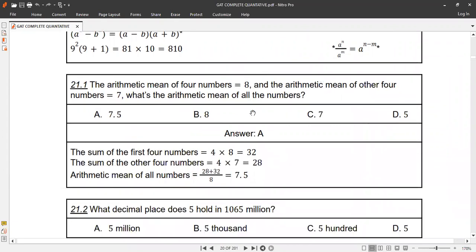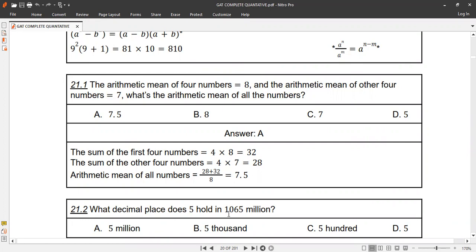Here, what decimal place was the value place does 5 hold in 1065 millions? Guys, here in the question, I think there's a mistake in the question.